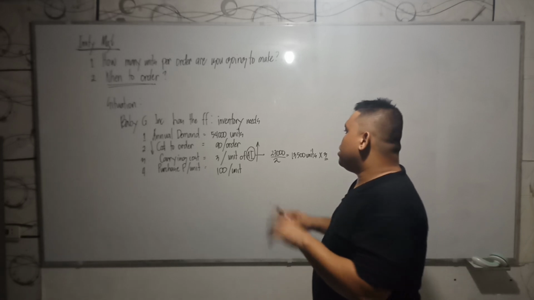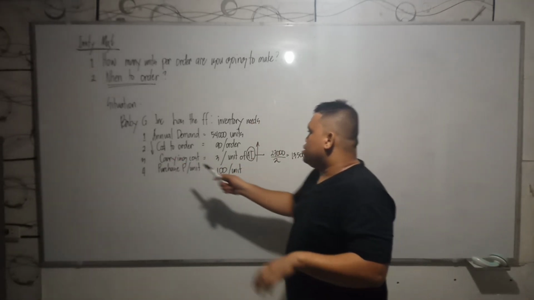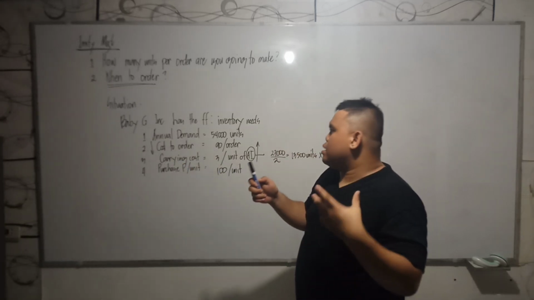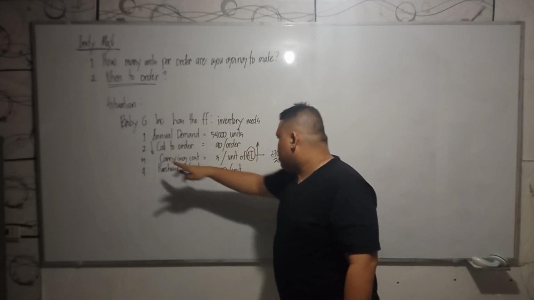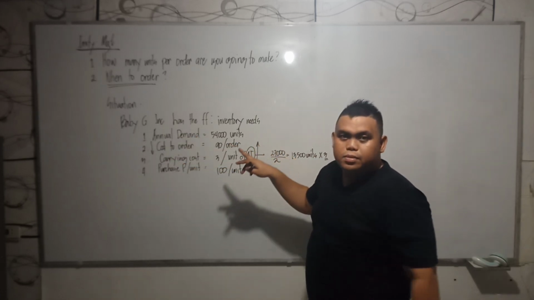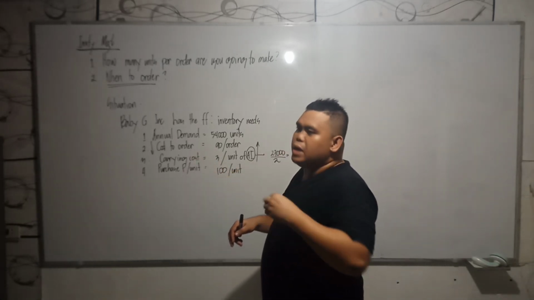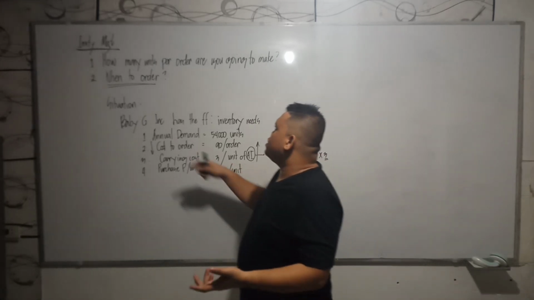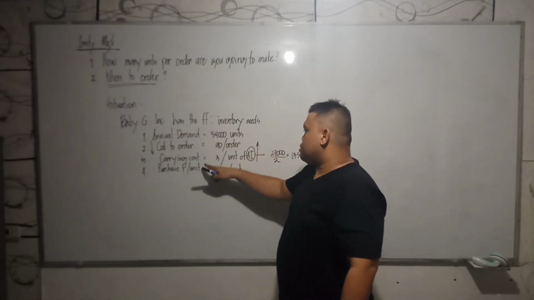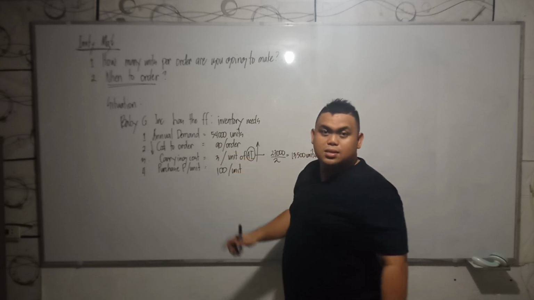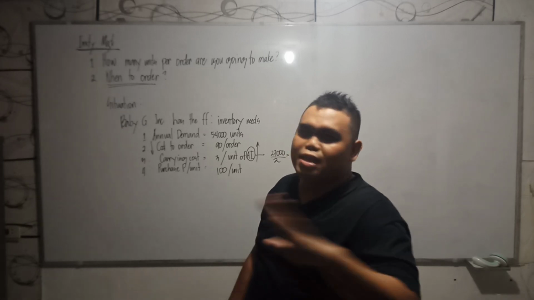They are indirectly proportional. If the cost to order goes down, the carrying cost goes up, and vice versa. If you decide to make a lot of orders so that the number of units per order decreases, the cost to order will rise, but the carrying cost will decrease. Again, the purchasing cost is irrelevant.